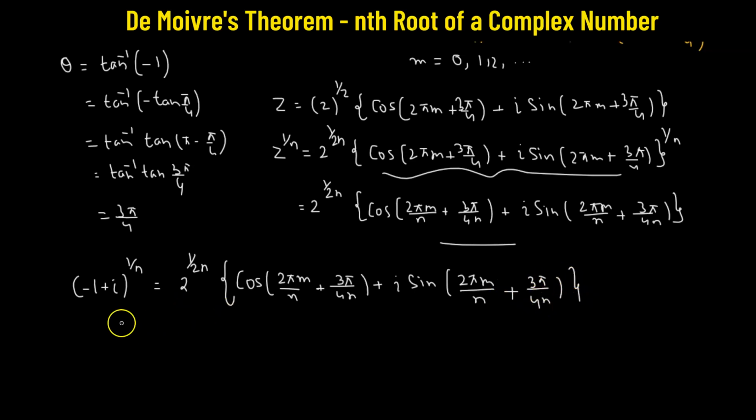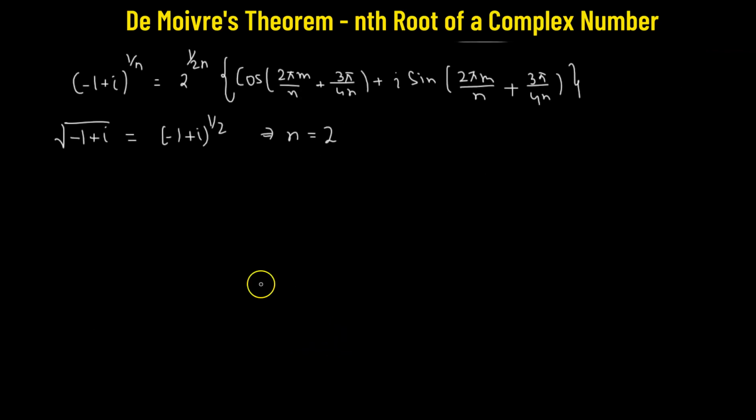Now here, since we have to find the square root of negative 1 plus iota, that is simply negative 1 plus iota whole raised to the power of 1 half, which means that our n value is equal to 2.